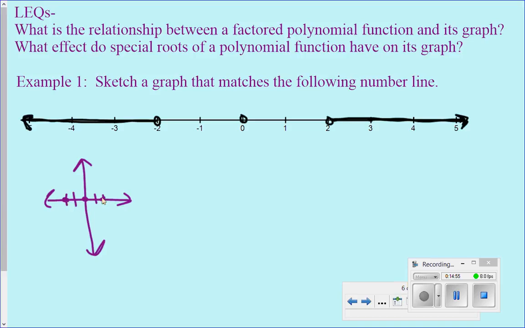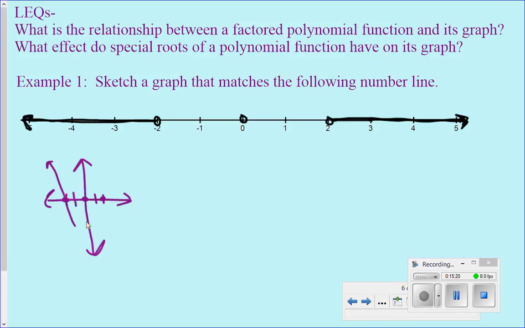And then if you recall, the shading occurred where the outputs were positive, or in other words, where the graph was above the x-axis. So if I have to make a graph to match this number line, think about how that would look. It would have to be above from -2 on to -infinity. Then it has to cross because I see here it's not shaded, which means the outputs are negative.